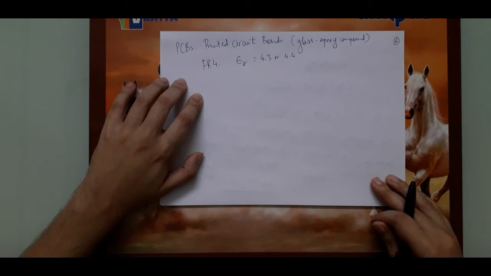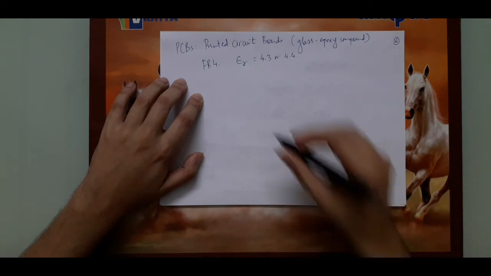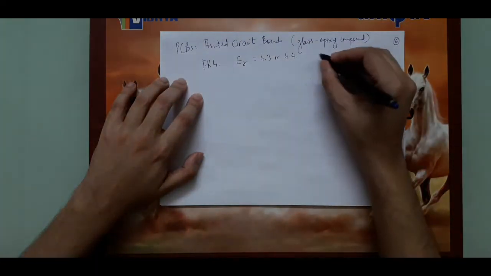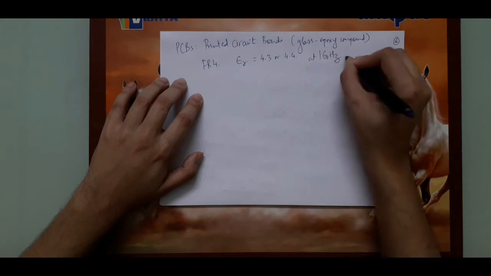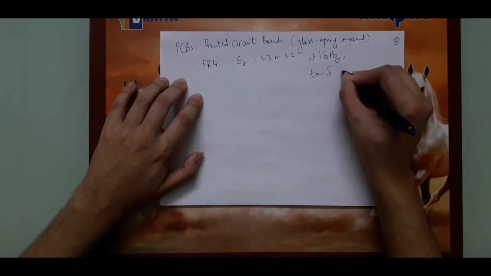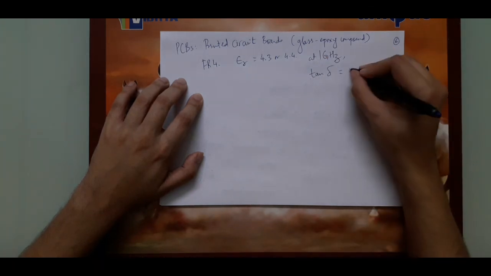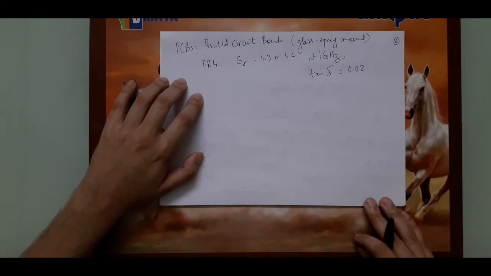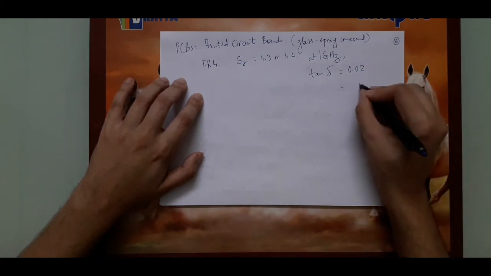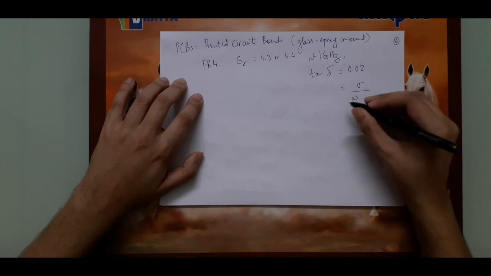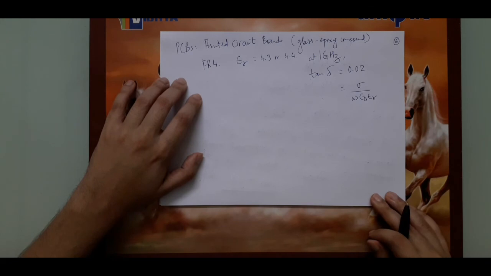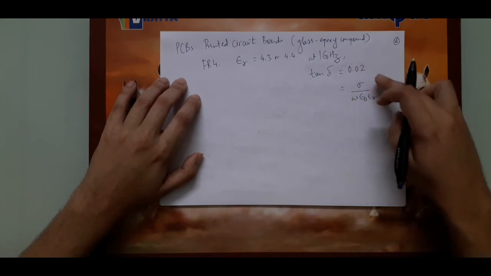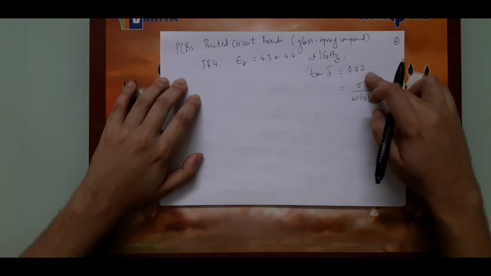At some frequency, let us say they mention 1 gigahertz, the tan delta is actually 0.02. Now tan delta is what? Sigma divided by omega epsilon 0 epsilon r. So now you know that at 1 gigahertz the tan delta is very, very small.